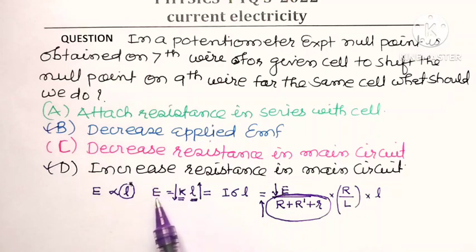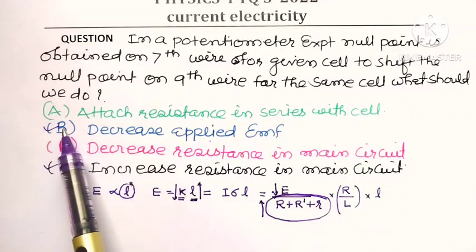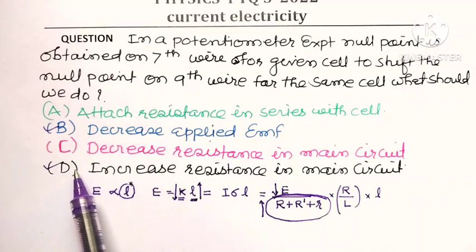So to keep the EMF of the cell unchanged, if we want to increase the balancing length L, then K must be reduced, and this is possible when there is a decrease in applied EMF and an increase in the resistance in the main circuit. So both options, B as well as D, are correct, and CET has given full credit for either B or D in that year of examination.